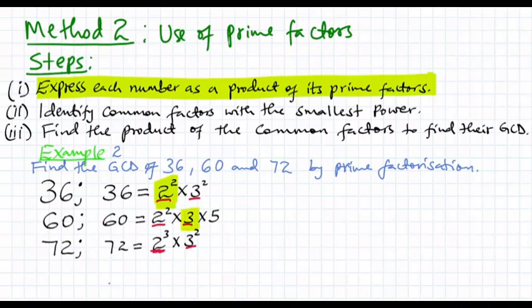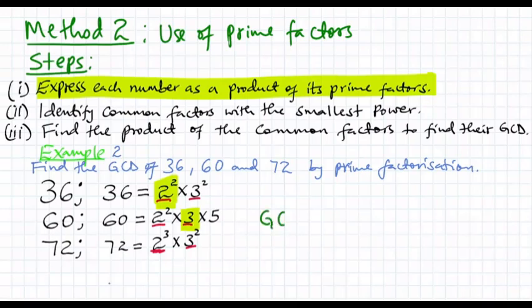So whatever we have picked, that's now what we are going to multiply. So 5 is not common in all the 3 numbers, so we ignore it. Therefore, to find the GCD is the product of the common factors that we have chosen.